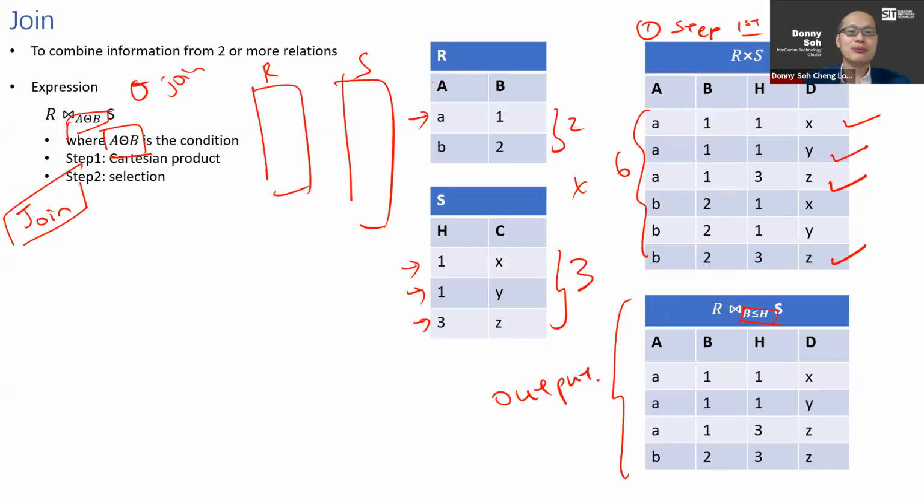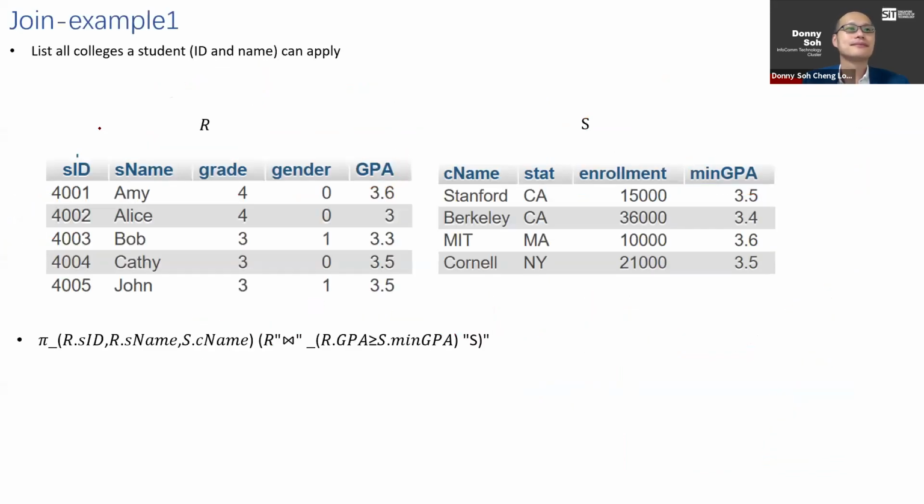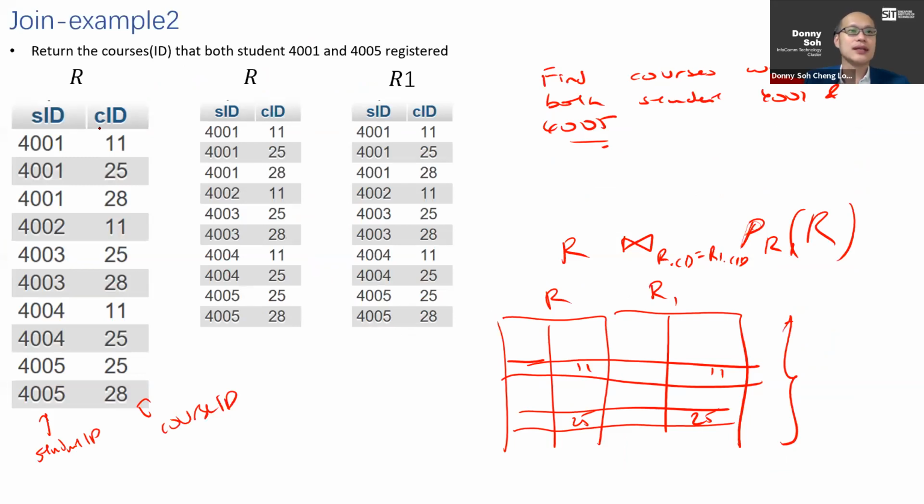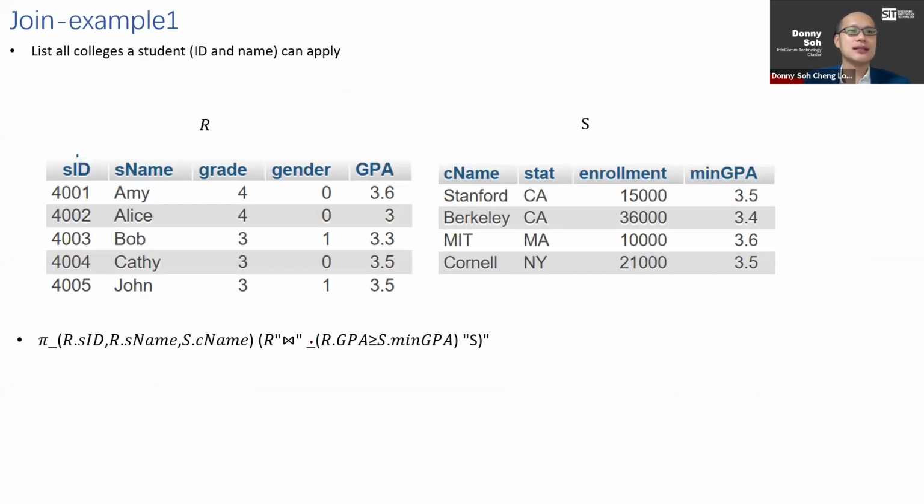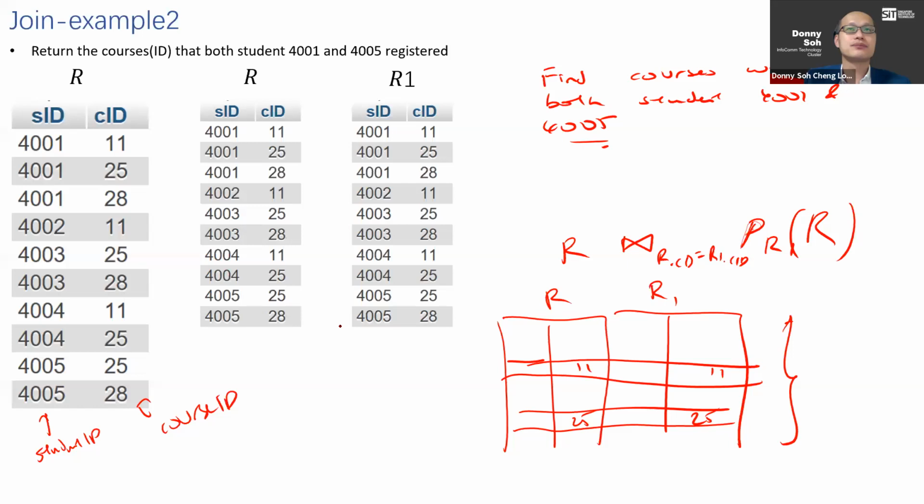The main reason why it's a theta join is because there's usually a theta condition here. Hopefully that will clarify a bit. Usually there's a subscript, in small caps like that. And these are what we call theta joins.